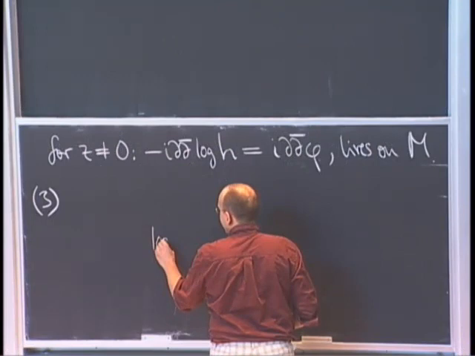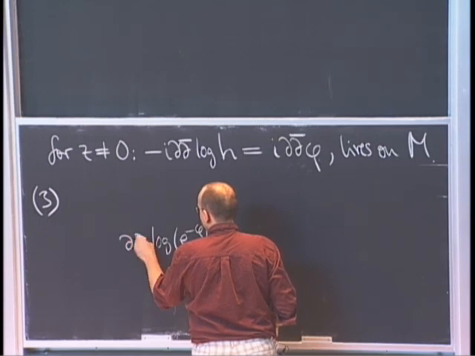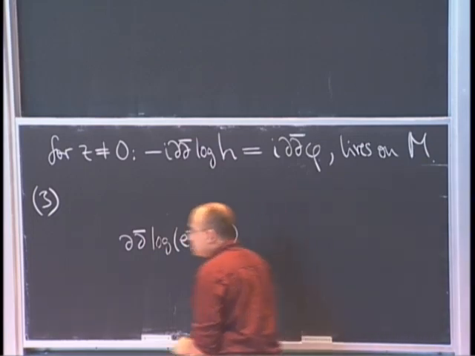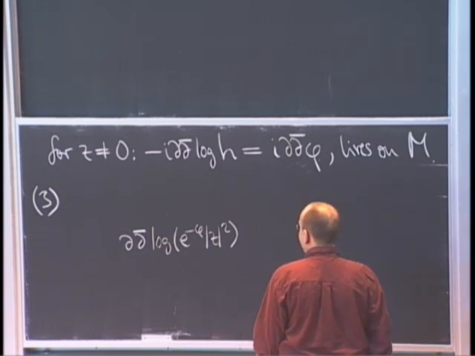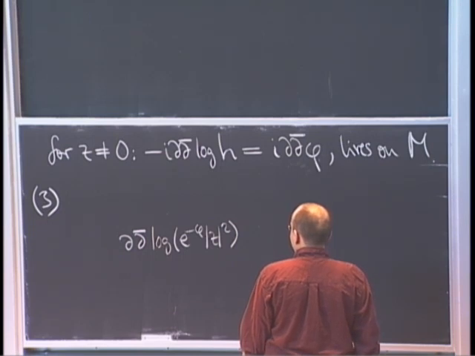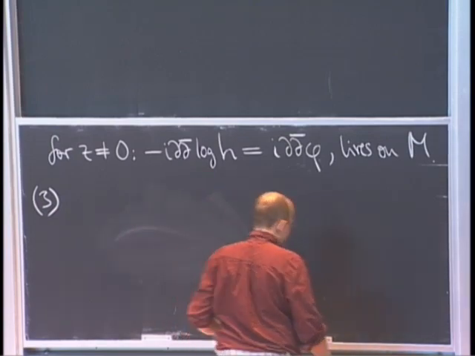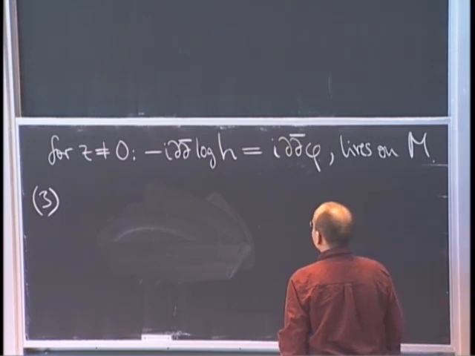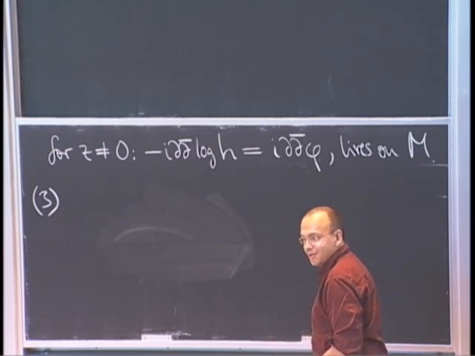So take log of e to the minus phi mod z squared.